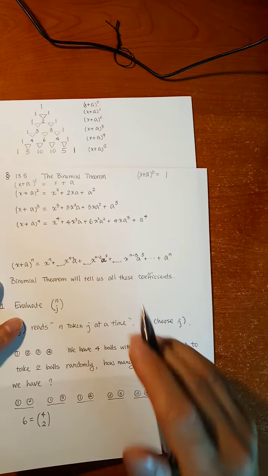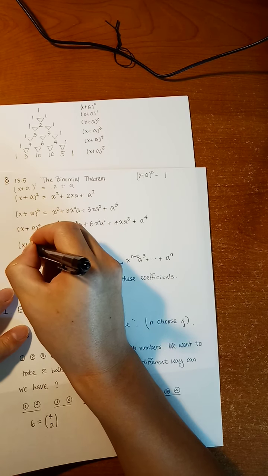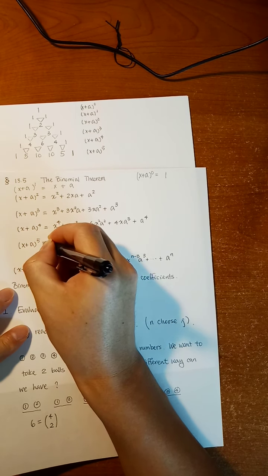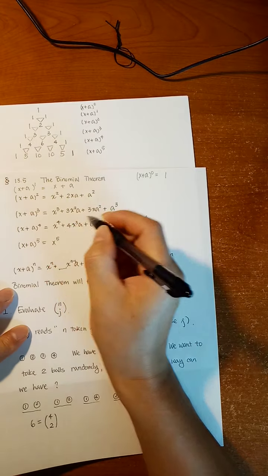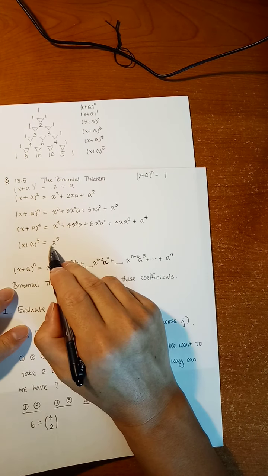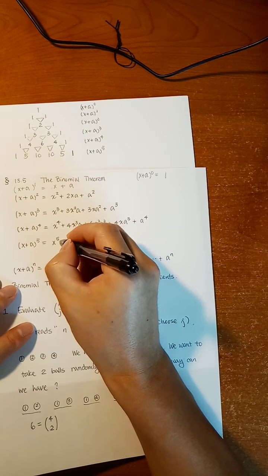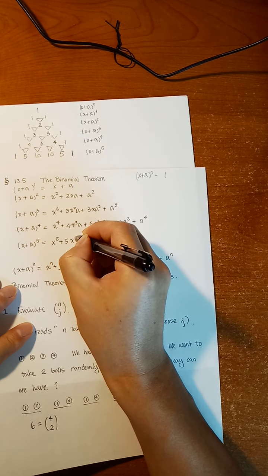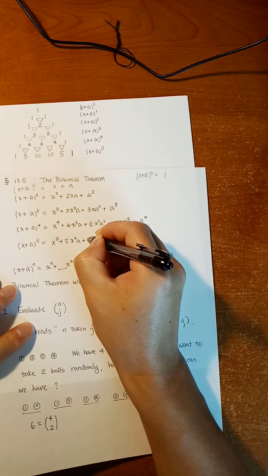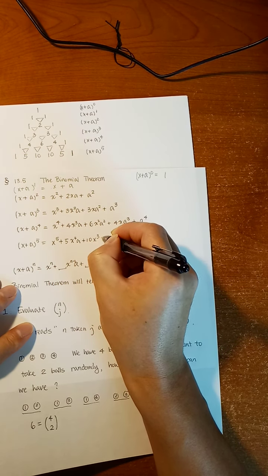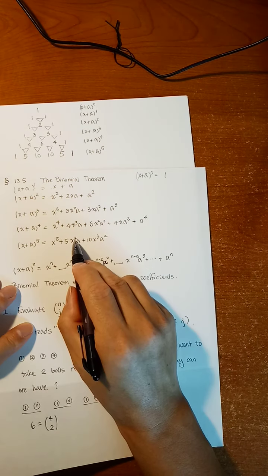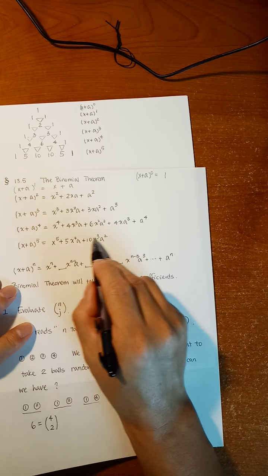Well, I'm going to write it down. X plus a to the 5th power is x to the 5th power. This is 1. 1 is always the coefficient of x to the 5th power. Then 5x to the 4th power a plus 10x cubed a squared. How do I know that? You see, 5, 4, 3.